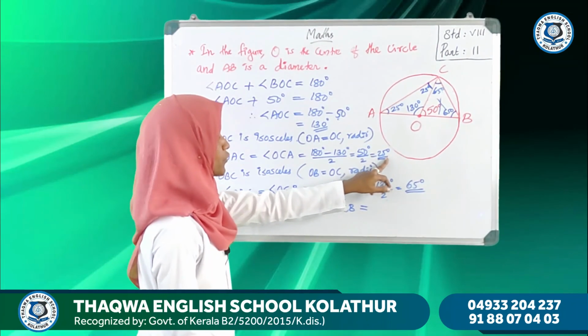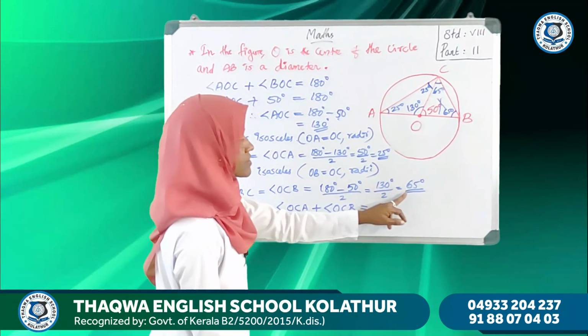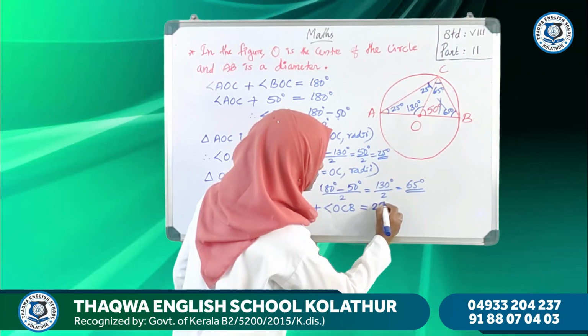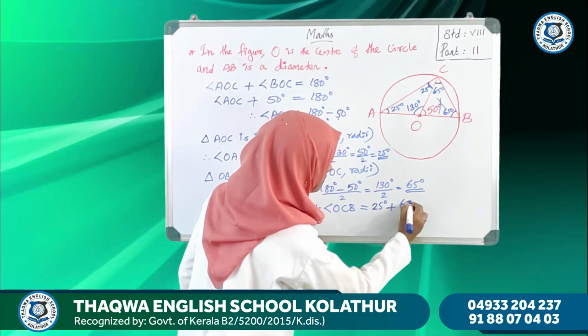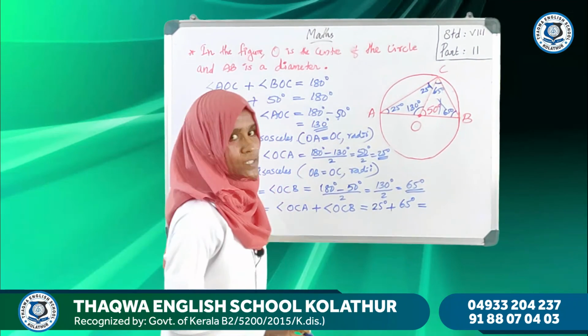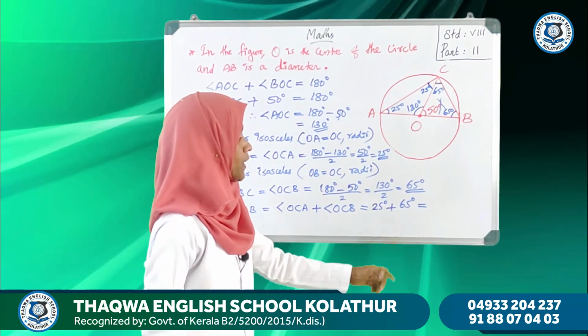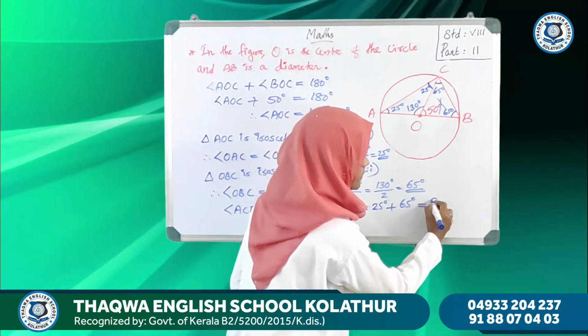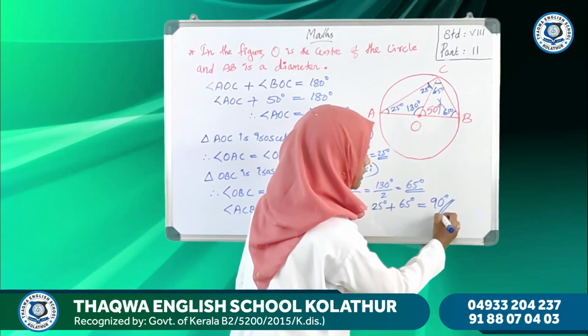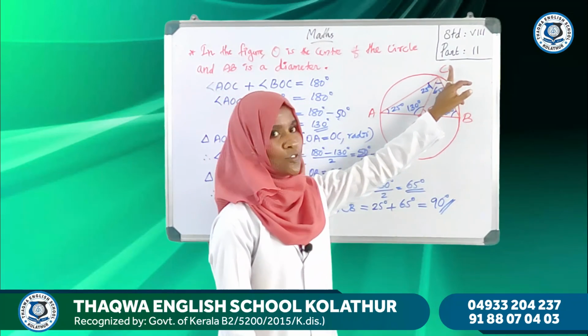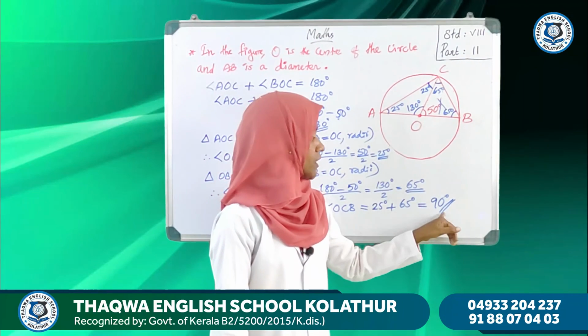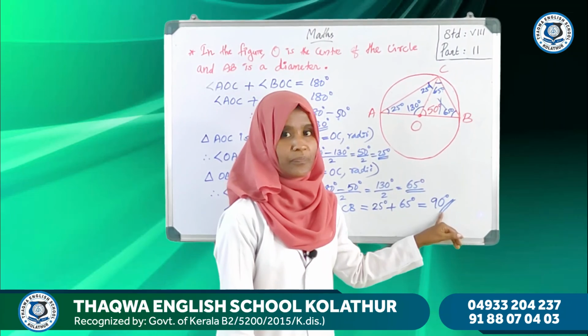OCA is 25 degrees, OCB is 65 degrees. That is 25 plus 65. What is the sum? This is 90 degrees. So, the measure of the angle at C is 90 degrees.